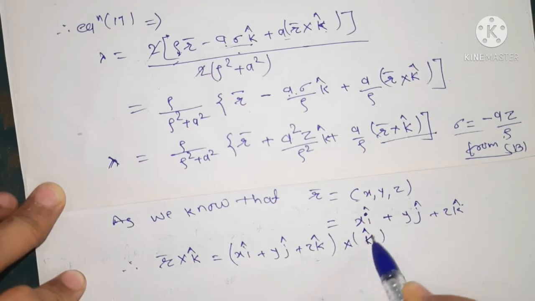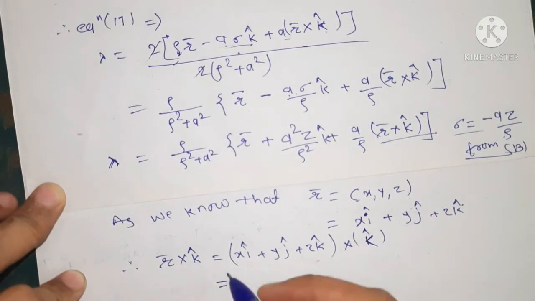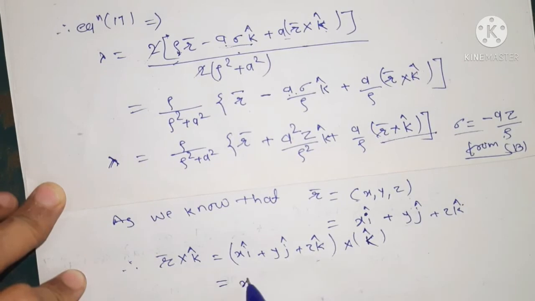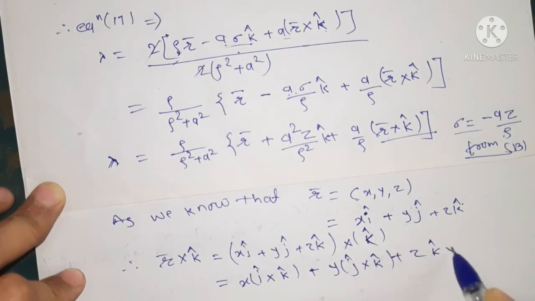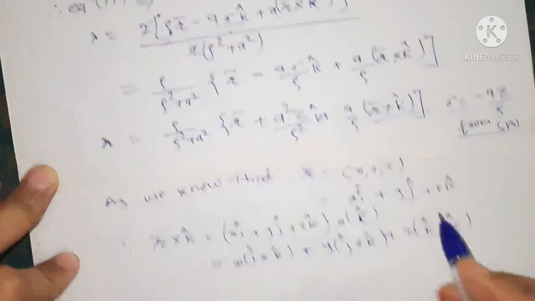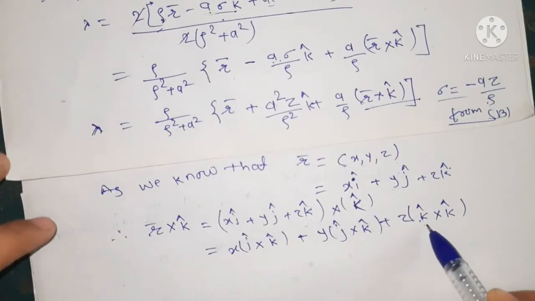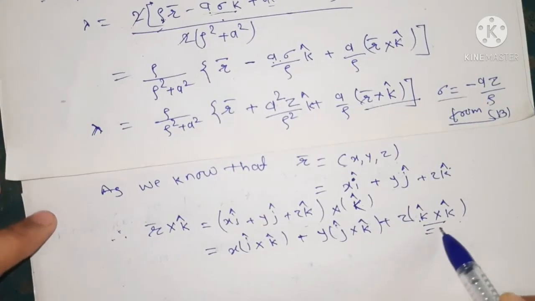So that is equal to, now we take x i cap cross k cap plus y j cap cross k cap plus z k cap cross k cap. As we have said, when the cross product is with itself, this is equal to 0.